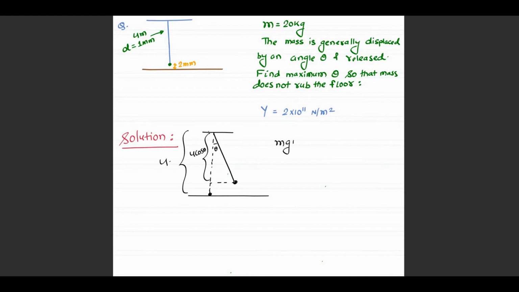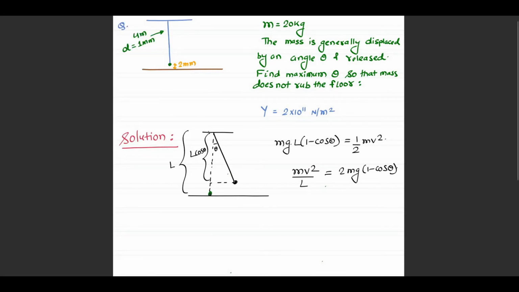So can I say decrease in potential energy is equal to increase in kinetic energy? Let us term them as L then for now. So mv square by L is 2 mg(1 minus cos theta).